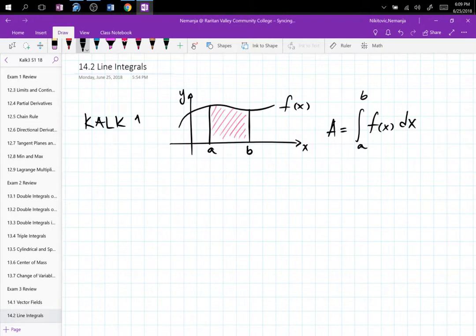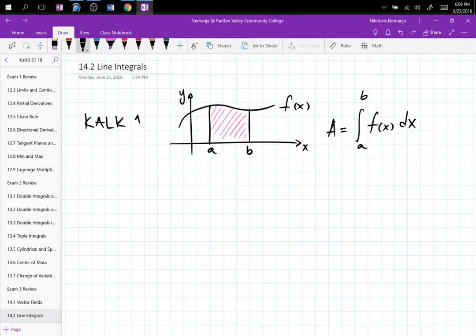Now, this is a 2D integration, and I will remind you that this particular shape is flat. The x-axis is straight and flat, and then above it is another flat region, right?